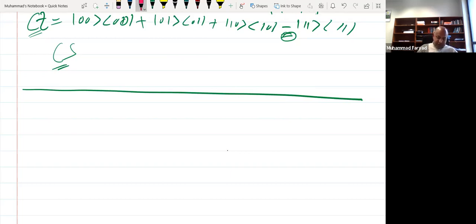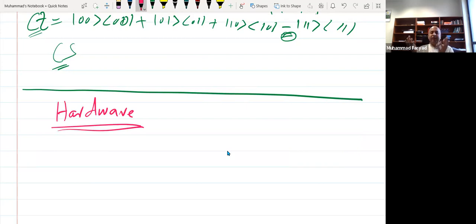So the idea is this: your quantum computer hardware usually only provides a few gates that can be done with small error, and that is dependent on the type of hardware you choose.